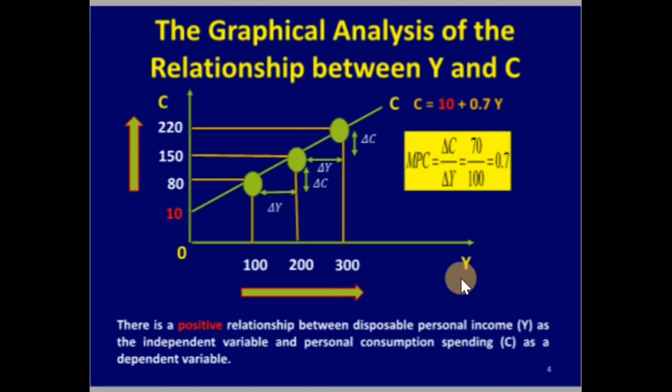When Y increases from 100 to 200, C will increase from 80 to 150. Therefore, the change in Y equals 200 minus 100 equals 100. And the change in C equals 150 minus 80 equals 70.